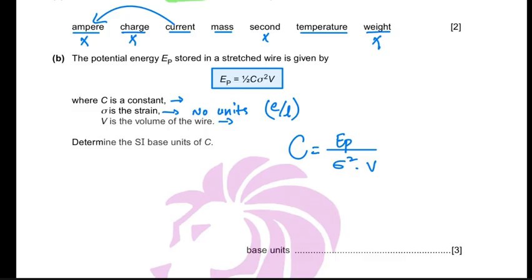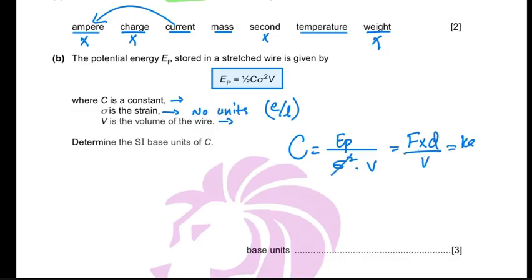Elastic potential energy is basically work. Any energy stored, any energy converted is work. And what is work done? Work done is force into distance. And what is V? V is the volume. We'll just ignore the constant.